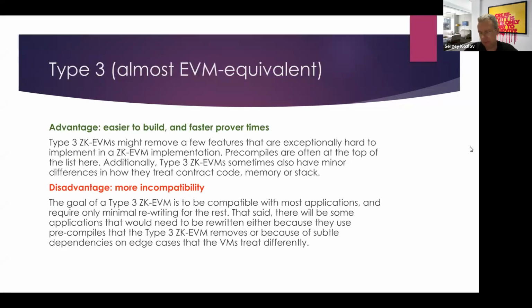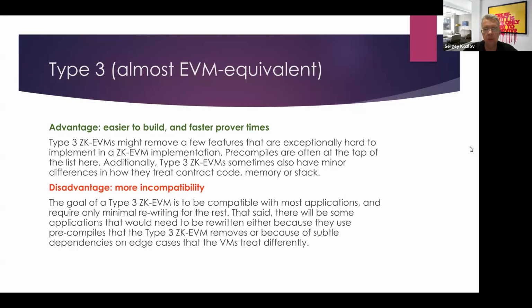The third type is the so-called almost EVM equivalent. So it's easy to build and has faster proof times. Here we might calculate our proofs much faster, but we remove a few features that are exceptionally hard to implement in a ZK-EVM, so-called precompiles, and a few others. But the disadvantage is more incompatibility.